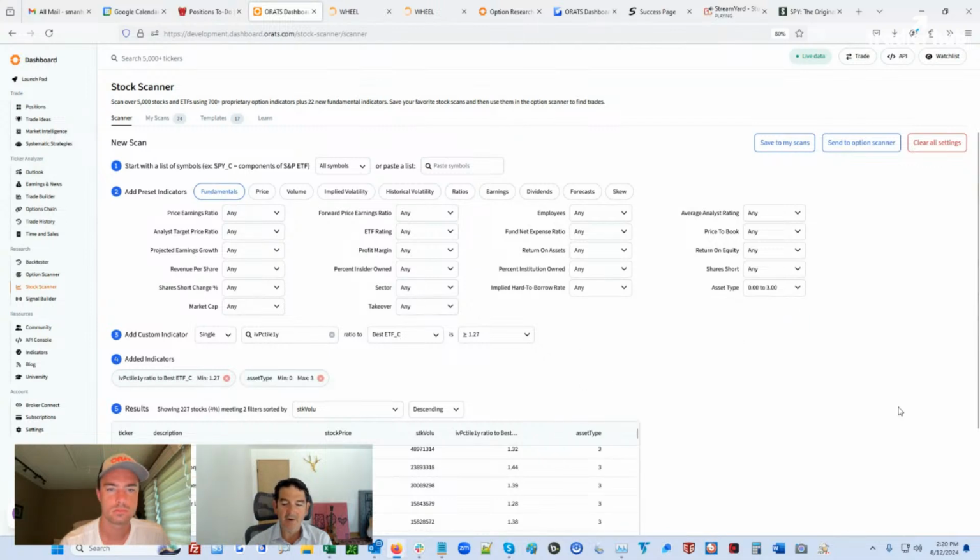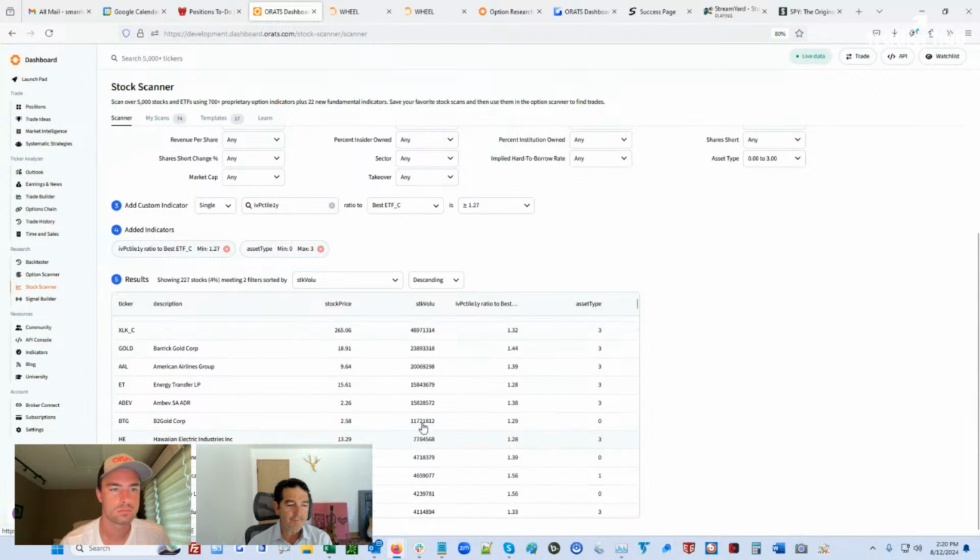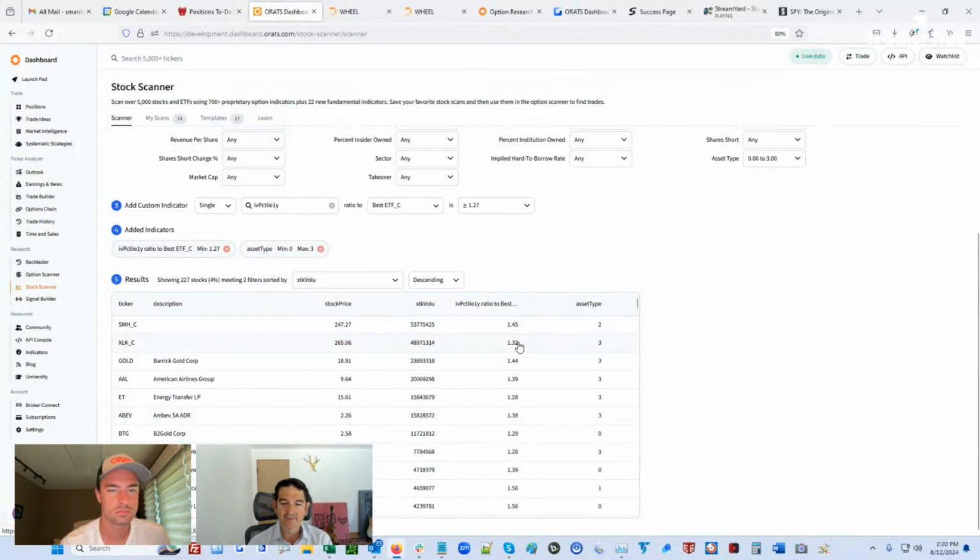So that will clear out those. And this is kind of interesting. So the IB percentile ratio to the best ETF is high for some of these. Gold, American Airlines Group. So let's look at American Airlines. It's only a $9 stock. Well, that's really getting killed lately, huh?